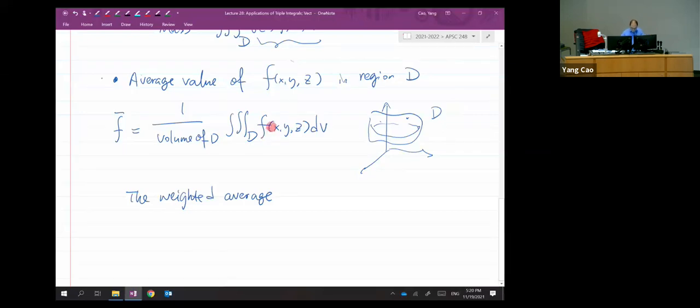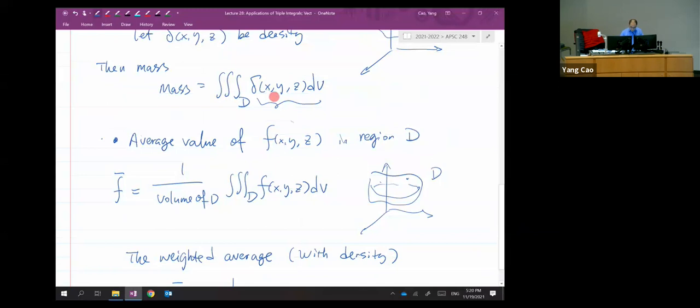This time it is 1 over the mass of D. For example, I'm going to use the density function delta as the weight.